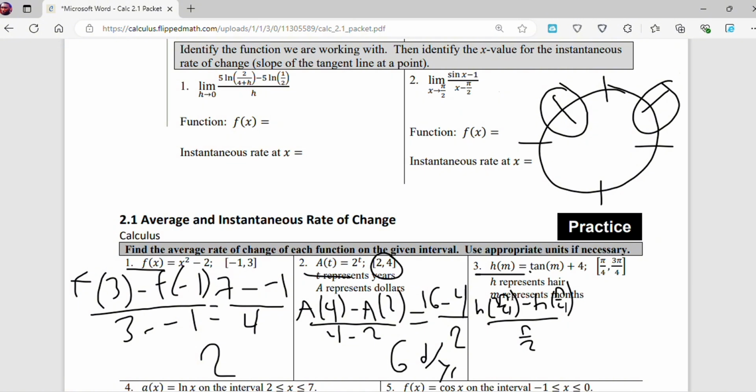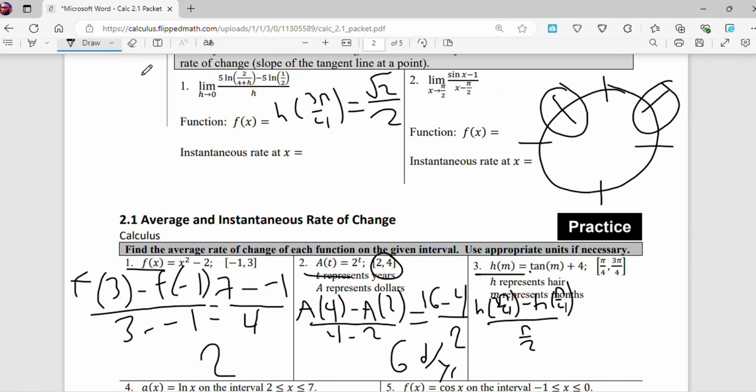So do some work up here. H of 3 pi over 4. Remember that tangent is sine over cosine. So sine of 3 pi over 4, since it's up here in the positive y-axis, it's going to be positive. And pi over 4, sine of pi over 4 is square root of 2 over 2.